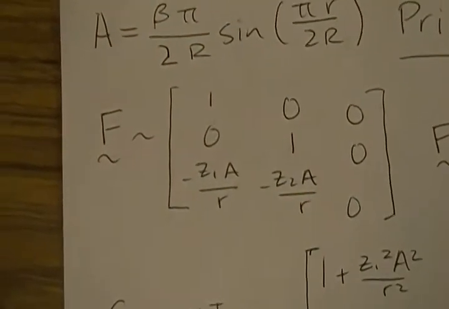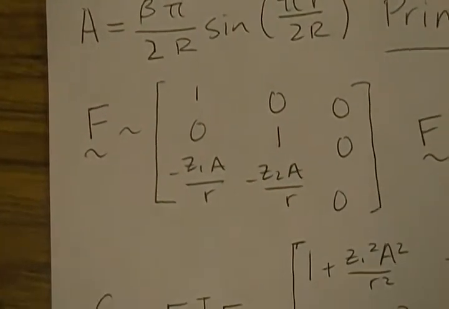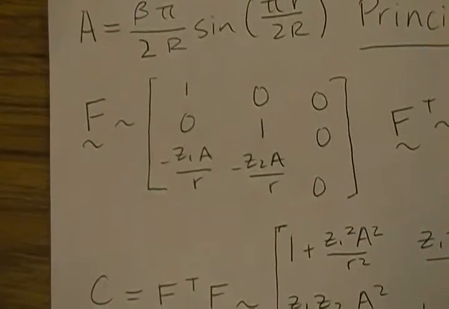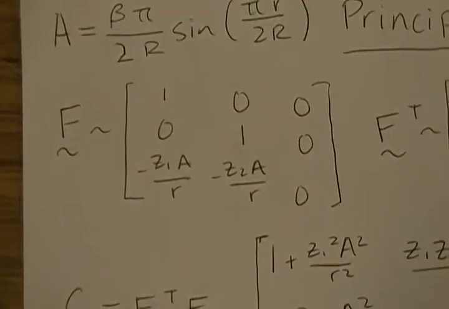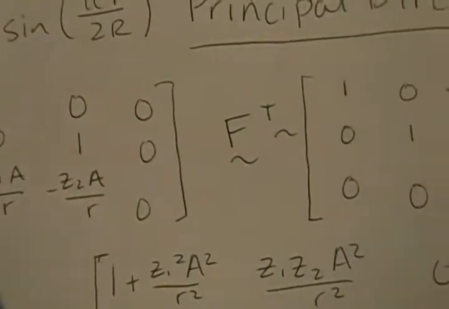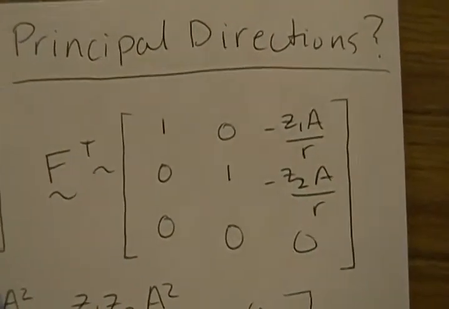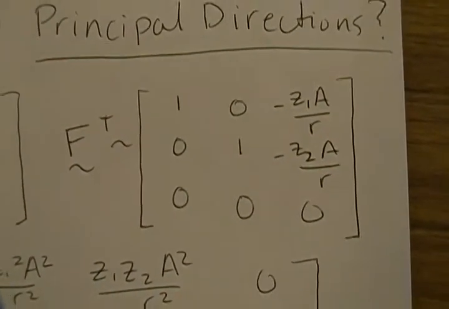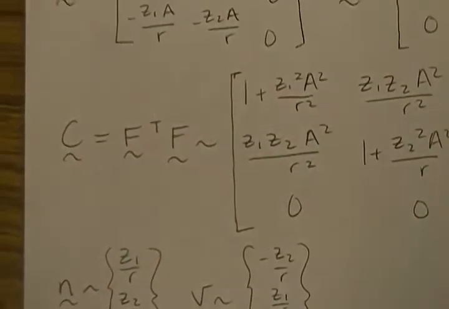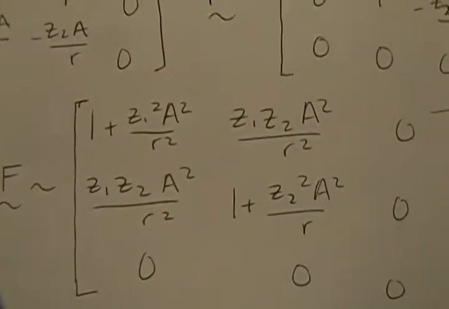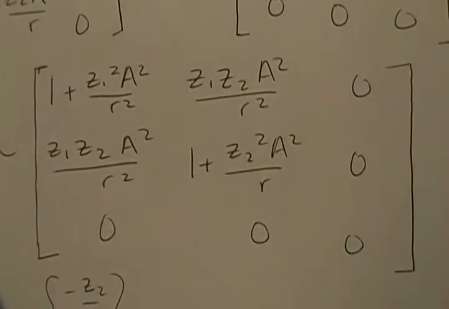By doing this, we can simplify the gradient map into this matrix, and then we took the transpose of that same matrix in terms of a. Then we found C, which is F transpose F, and we got this result for C.